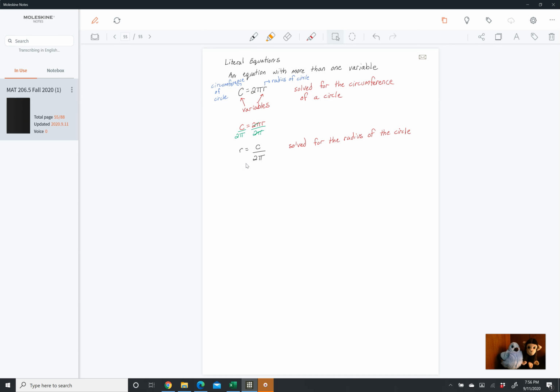Okay, let's take another example, something that maybe you're familiar with. Let's take distance equals rate times time. Okay, and again, this works really well if you know the rate and you know the time.